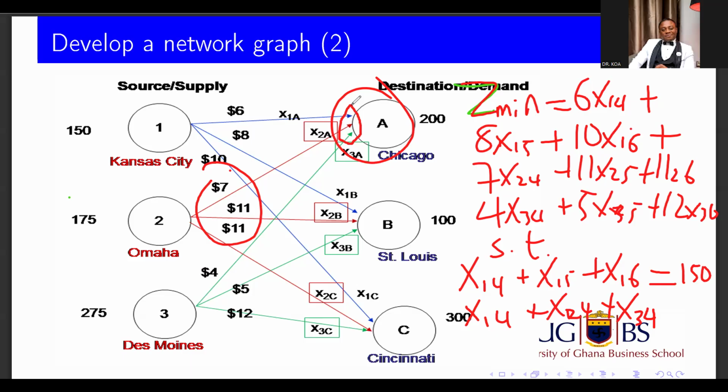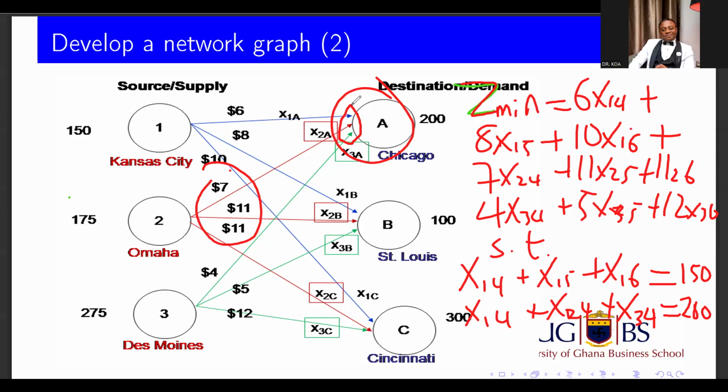That's wrong. Wait. The receiving node, which is St. Louis, is 100. Sorry, wrong. The demand for St. Louis is 100. It's 200. Oh, we are doing Chicago. Sorry, 200. That's what it is. I keep saying pay attention, everybody. 200.